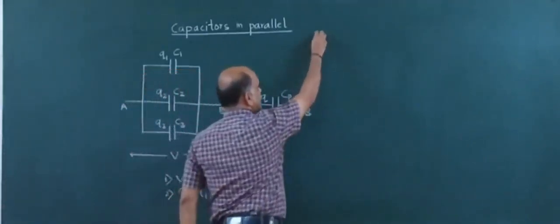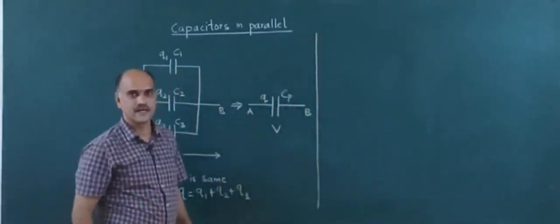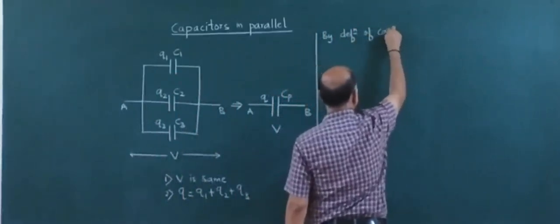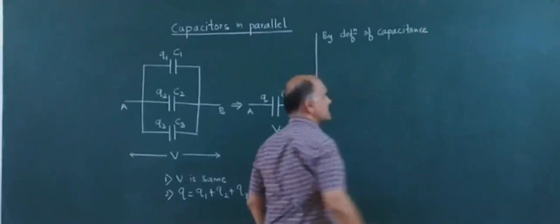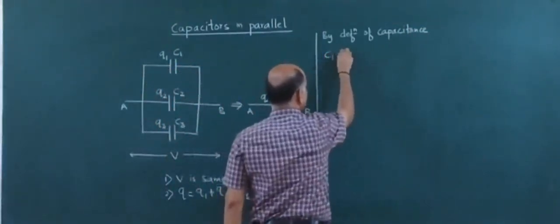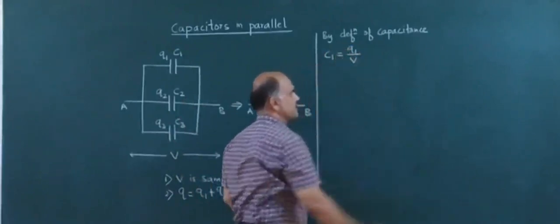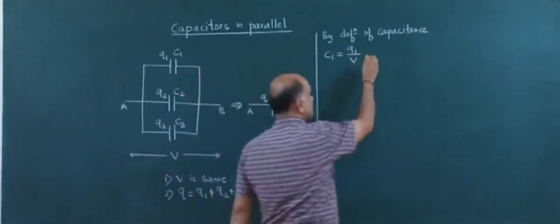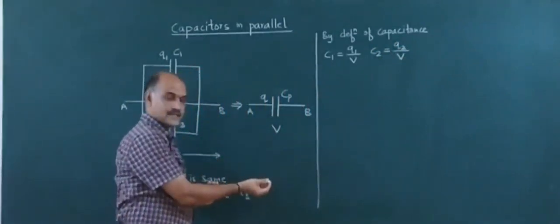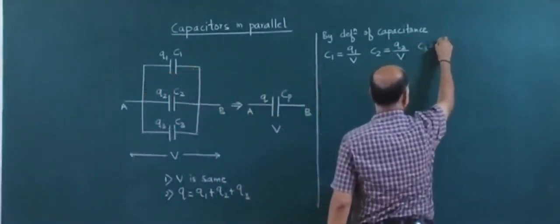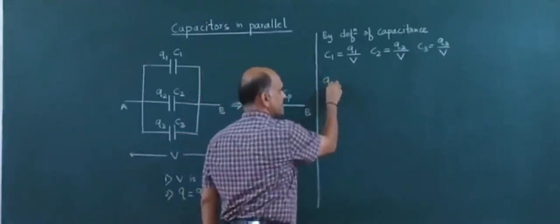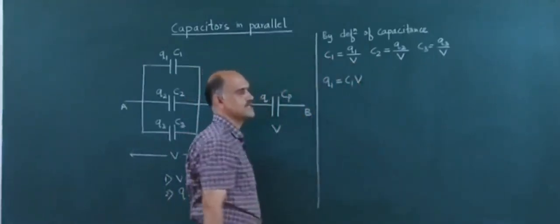Again, similar steps as we had taken in series. So first, by definition of capacitance, C is equal to Q by V. So for C1, C1 will be equal to Q1 by V. Similarly, C2 is equal to Q2 by V. Similarly, C3 is equal to Q3 by V. Now, Q1 is equal to C1 into V, I have taken V to the LHS.